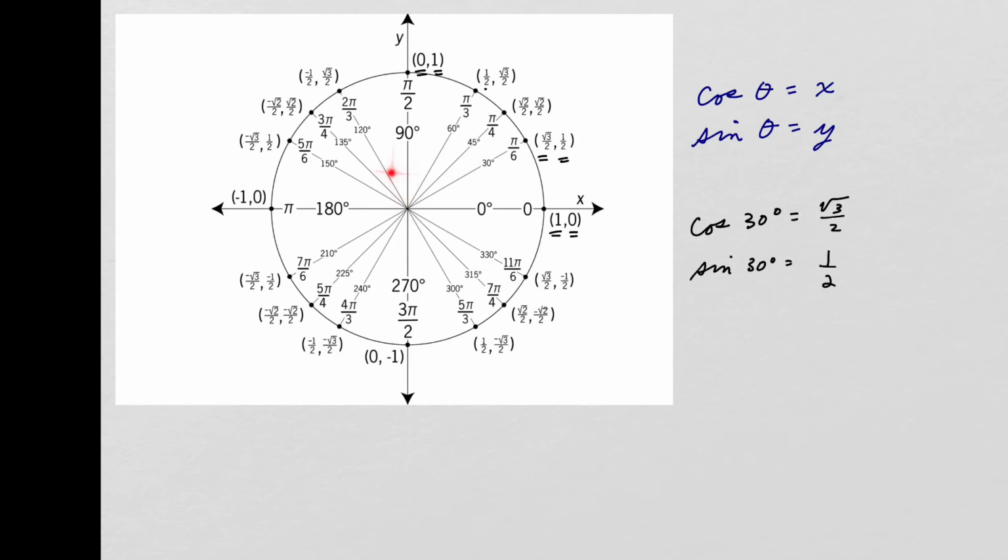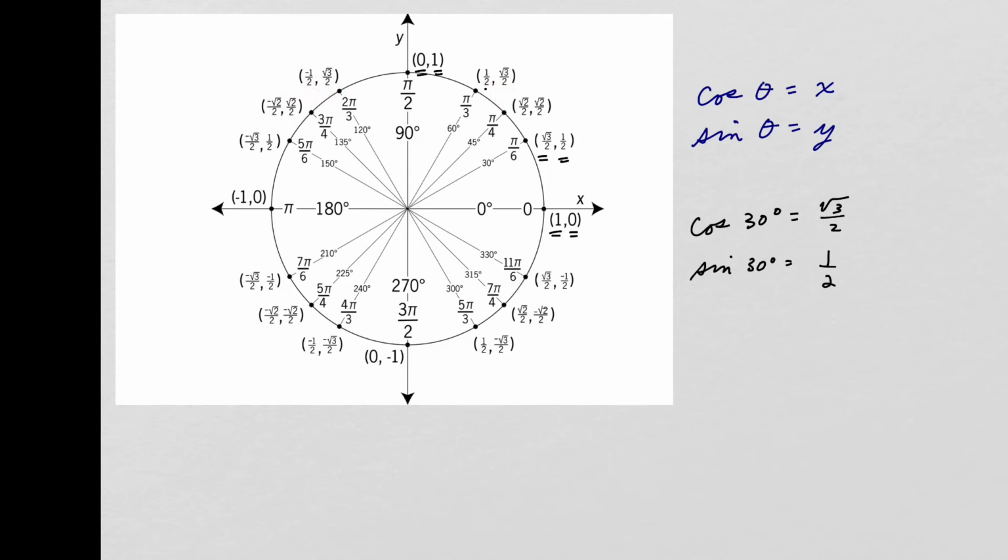If you look at cosine and sine of 120 degrees, cosine is negative 1/2, sine is radical 3 over 2. So these match. The only thing that's different are the signs, and that's because you're in a different quadrant. In this case, the cosine, which is x, is positive 1/2. In this case, the cosine of 120 is negative 1/2 because the x is negative. But the sine of 120 is the same as the sine of 60.